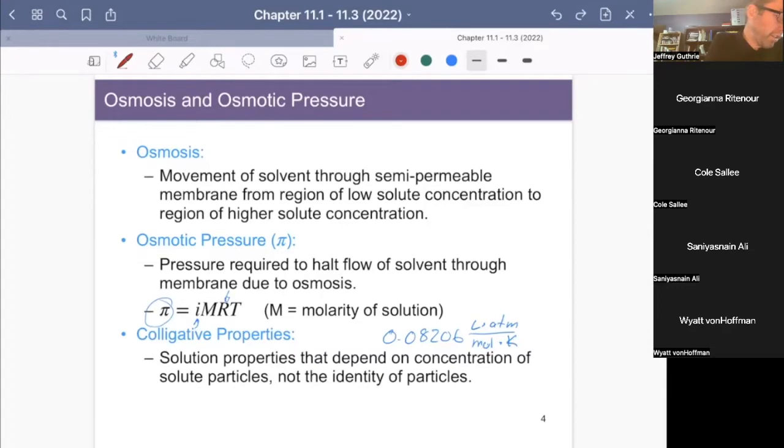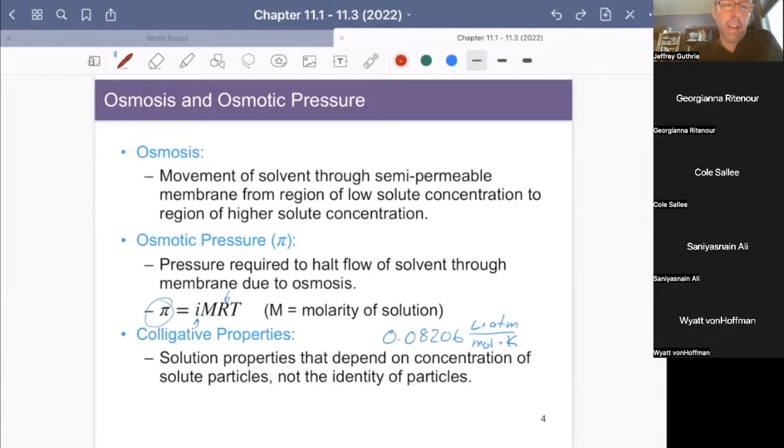Osmotic pressure is in atmospheres because our constant has atmospheres. And the temperature, T, has to be in Kelvin because our constant has Kelvin. If the units of M, T, and pi don't match our constant, that's not going to give us the correct units in the end. i doesn't have any units associated with it. It's just a number.